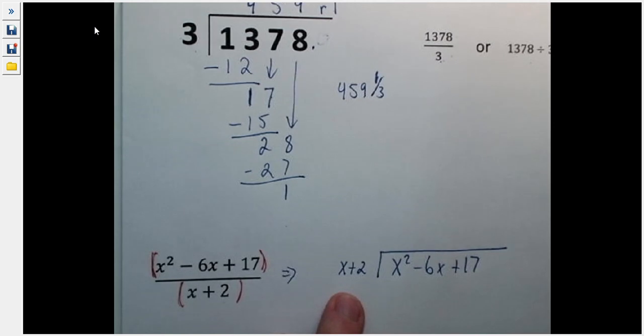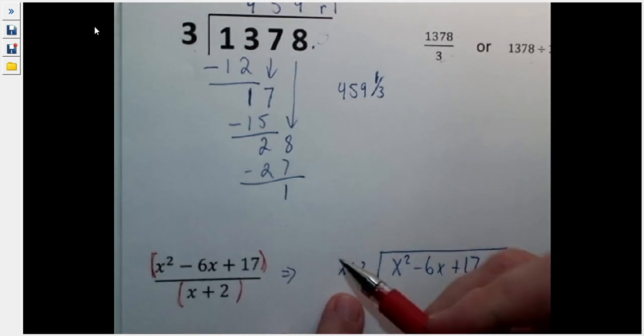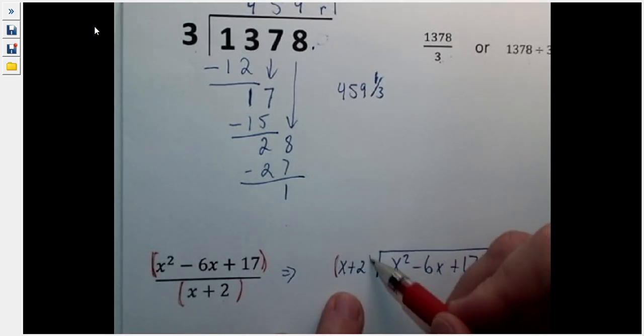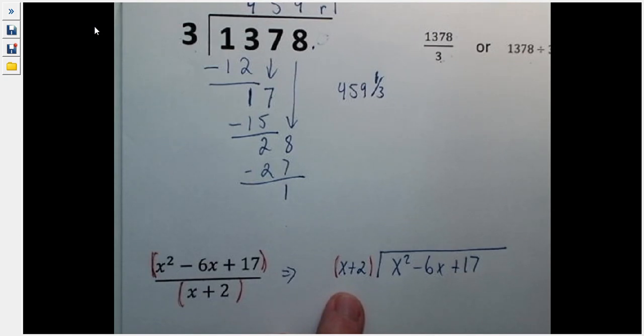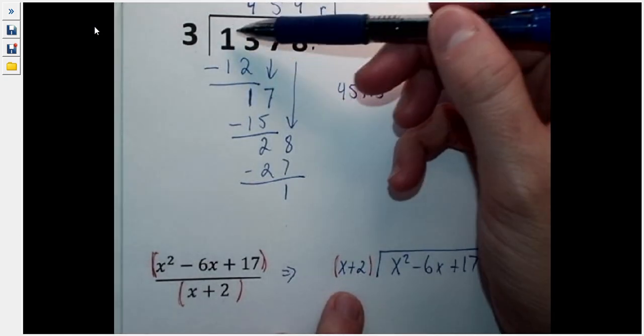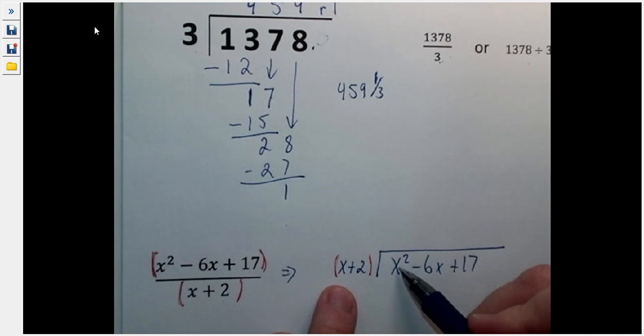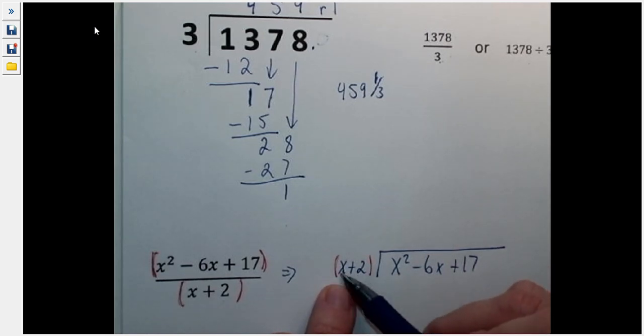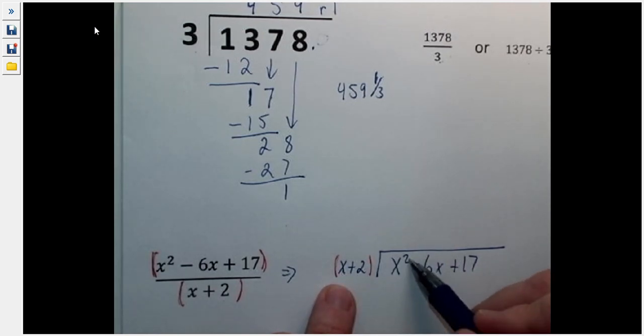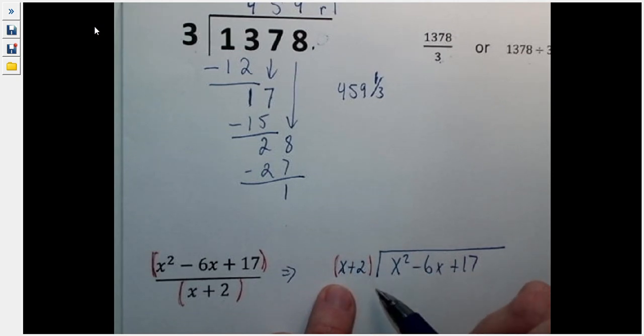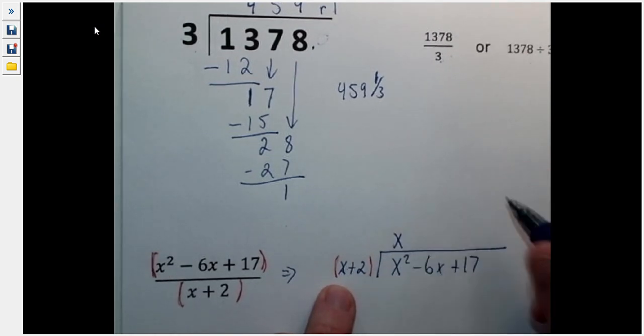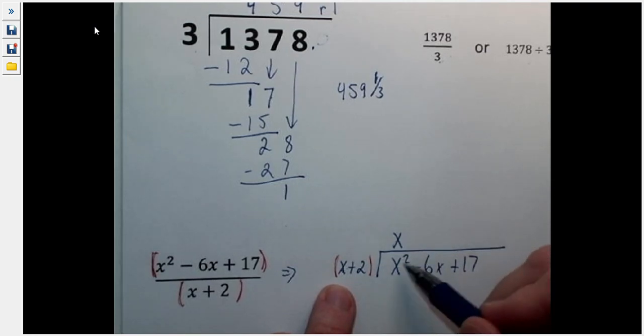Again, we have to remember that this out here still has parentheses around it. And instead of saying how many times does 3 go into each number, we say, what am I going to multiply this x by to get this first term to be the exact same thing? So what times x gives me x squared? Well, that's easy. X times x gives me x squared.